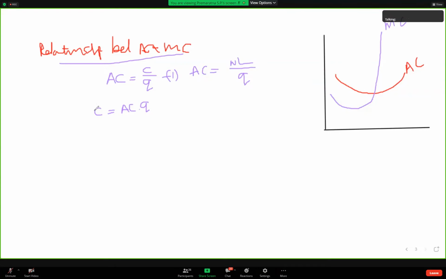Now find the marginal cost. What you have to do is differentiate this with respect to Q. For that, you must understand that average cost is also a function of L and capital, so you have to apply the chain rule.